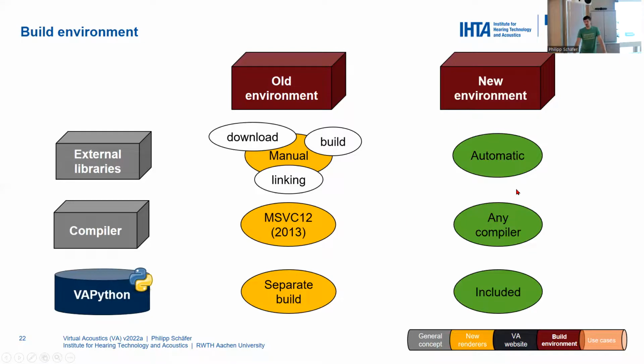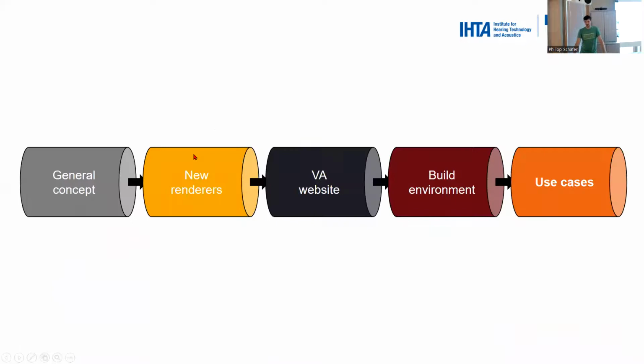So whoever is aware, this is all CMake based. While running CMake now takes a little bit longer because it has to download all this data, it is much more automatic and much more user friendly. Okay, so that was it regarding the built environment.